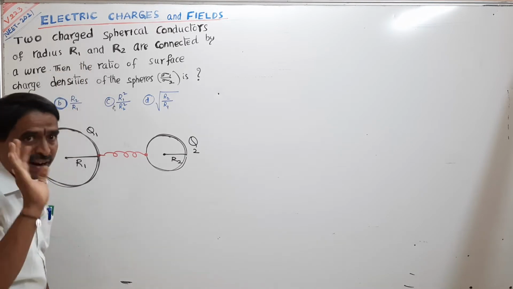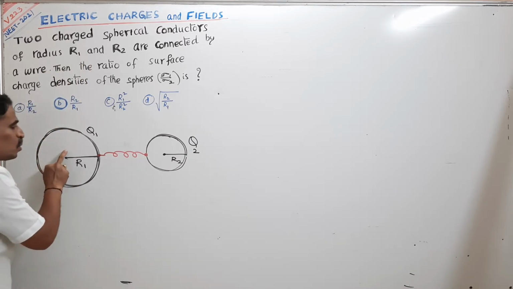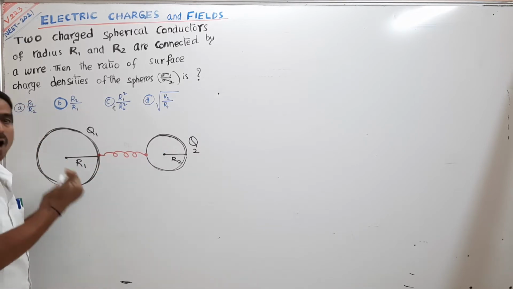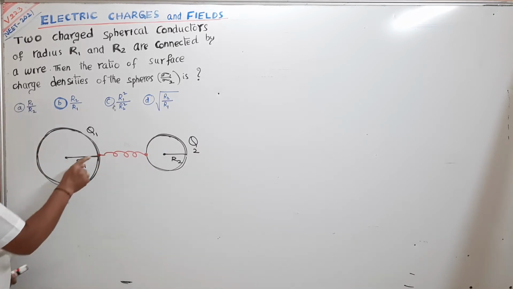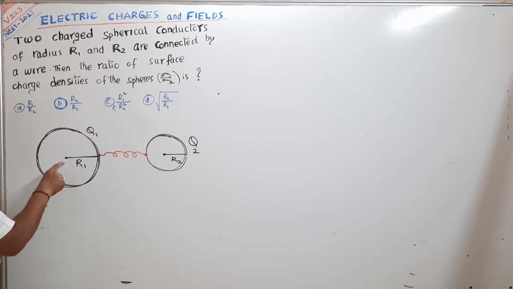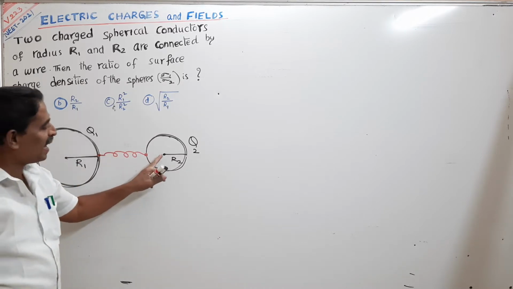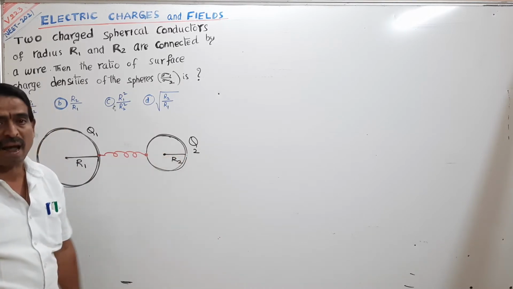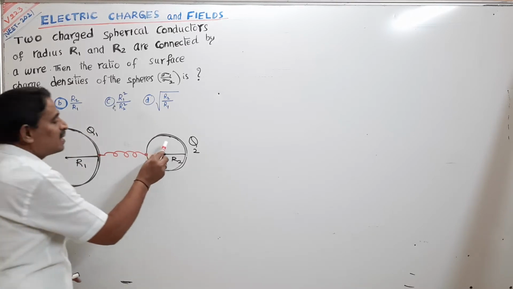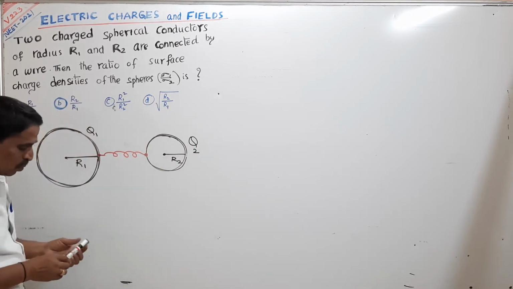According to the given problem, there are two spherical conductors, iron spheres or copper spheres, connected by a wire. The radius of the first sphere is capital R1, and the radius of the second sphere is capital R2. These two spheres are charged. Charge on the first sphere is Q1, charge on the second sphere is Q2.